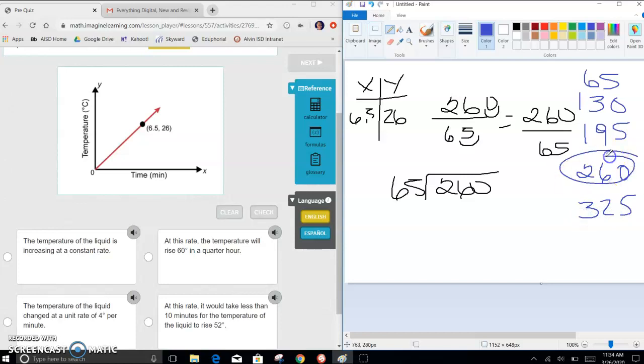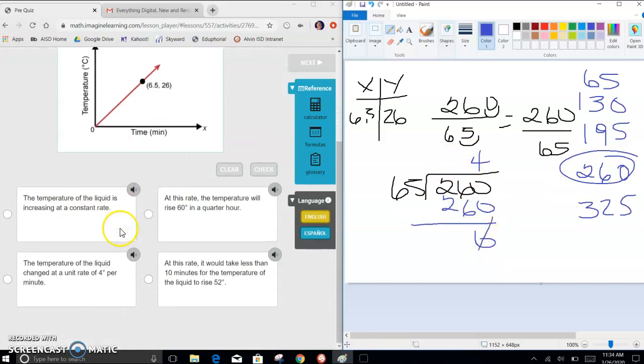Oh, there's my answer right there, 4. Bam. All right, so 4 degrees per minute. The temperature of the liquid is increasing at a constant rate. Yes, it is going up constantly at the same rate.